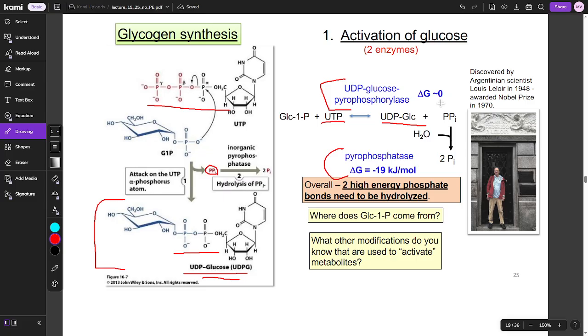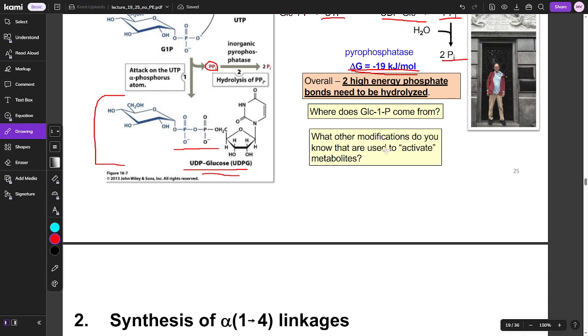However, what makes this reaction favorable is that it's coupled to the hydrolysis of pyrophosphate, which has a delta G of negative 19 kilojoules. It is very favorable to hydrolyze this pyrophosphate, and that is why the reaction is favorable.